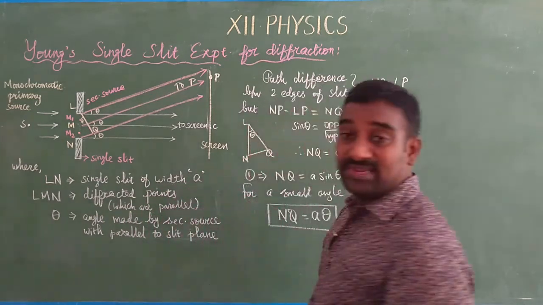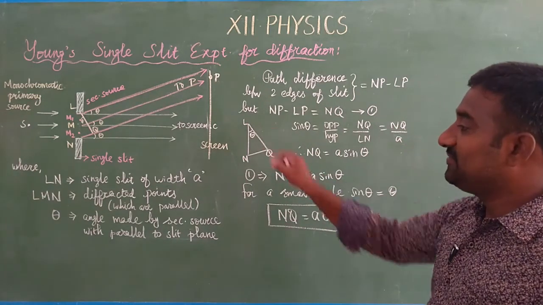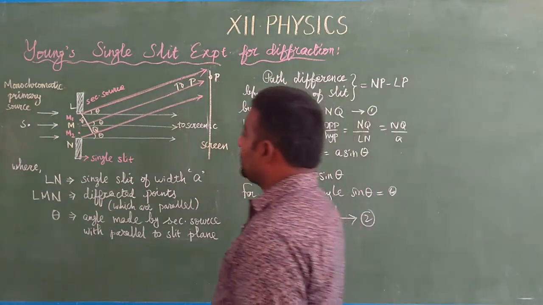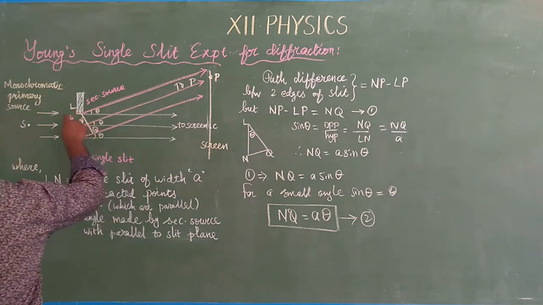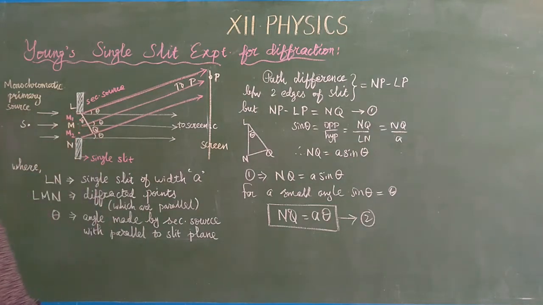Similarly, we can determine the path difference for two small slit planes M1 and M2. Here additionally I mention, LMN are the secondary source points and LN is the slit. M is the perpendicular from the source to the slit plane. And M1 and M2 are considered the first small slit planes.